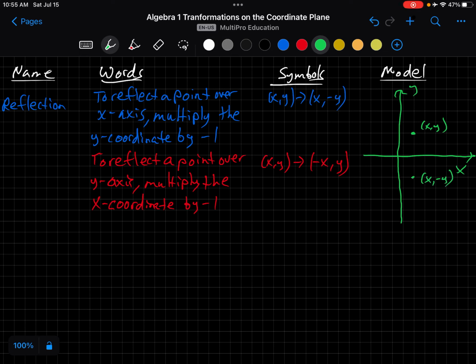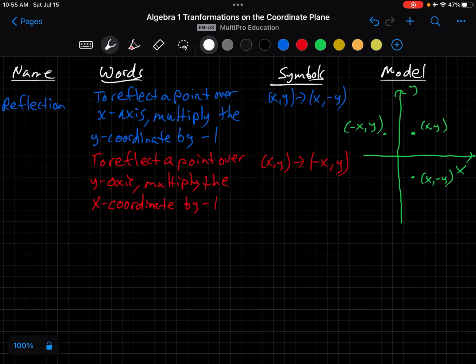So this will be x, minus y. Okay? Now, let's do minus x, y. In this case, we would have minus x, y. So we still have the +2 for y, but instead of +1 for x, we have a -1 for x. So great job.